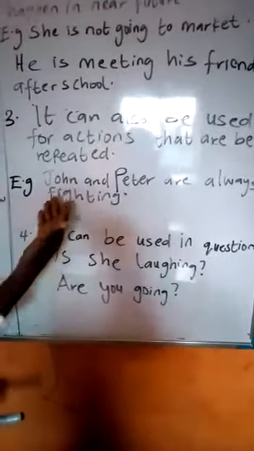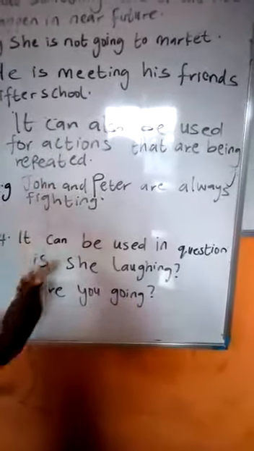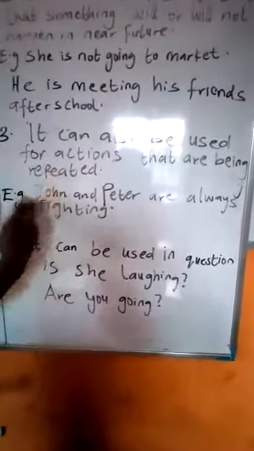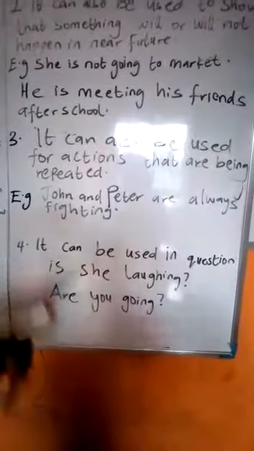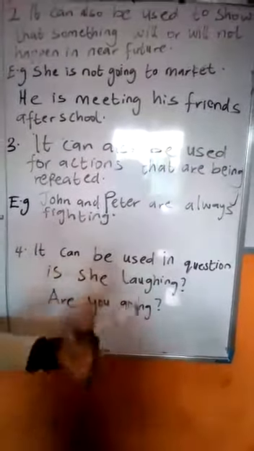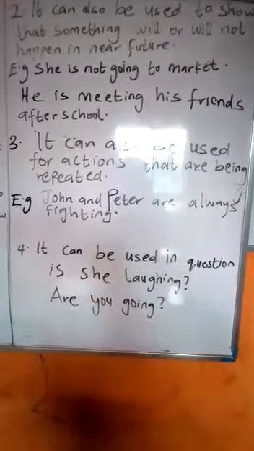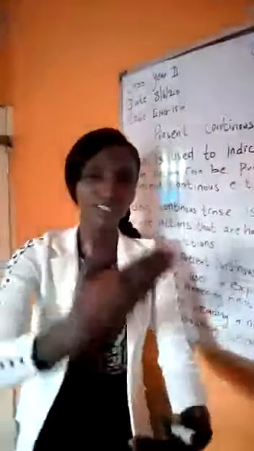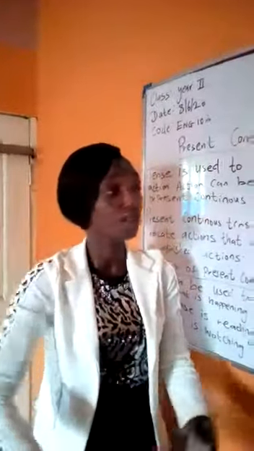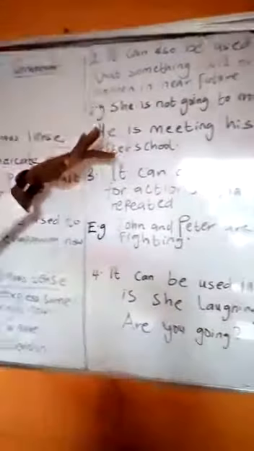So for repeated actions, we use present continuous. Something that will definitely always occur. Like today, the sun will shine. By the time the day breaks out, you notice that the sun begins to rise. So definitely the sun will rise. So for repeated actions, present continuous tense will be used.